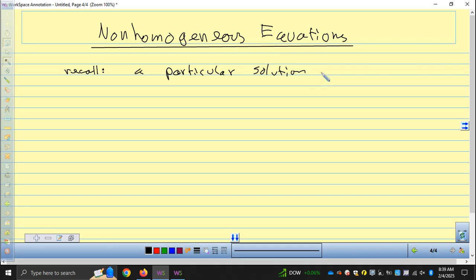A particular solution, y sub p, is free from arbitrary parameters. So we don't have arbitrary constants in particular solutions.